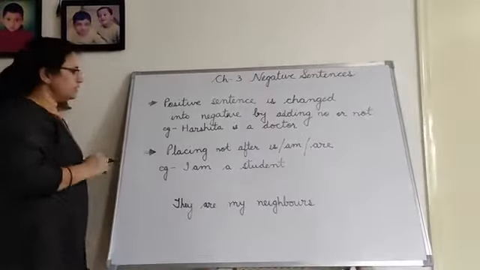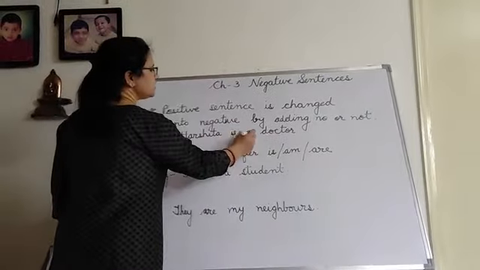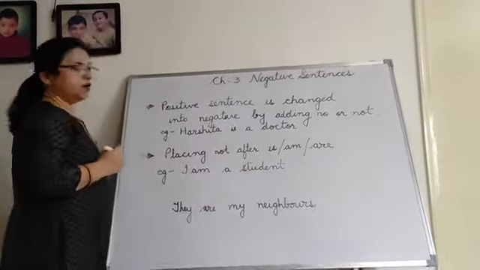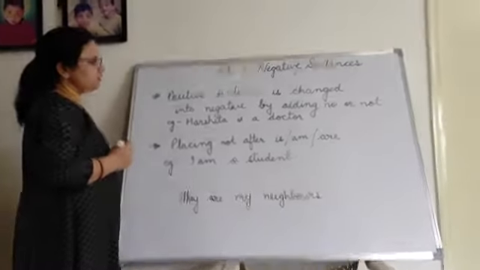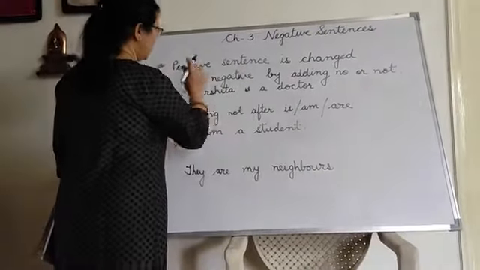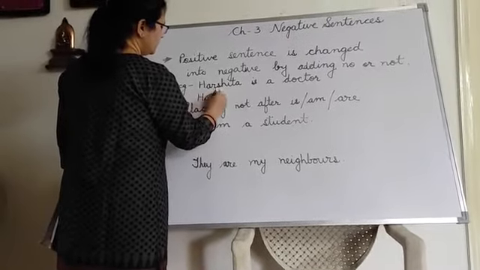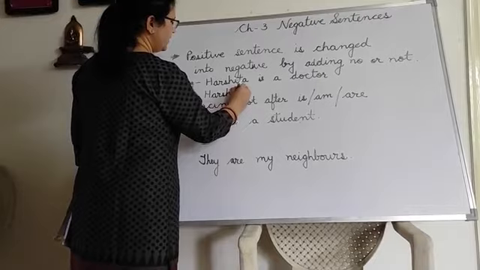Now let's understand it from an example. Harshita is a doctor. Now, where will you place no or not? You will place not here. So, let's write Harshita. How will you make it negative?